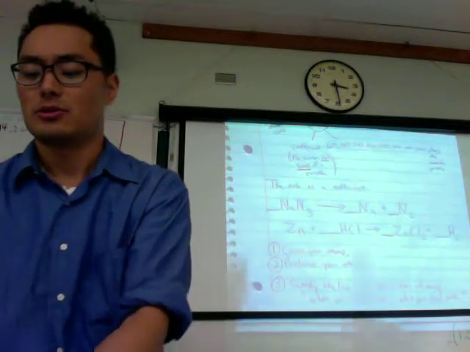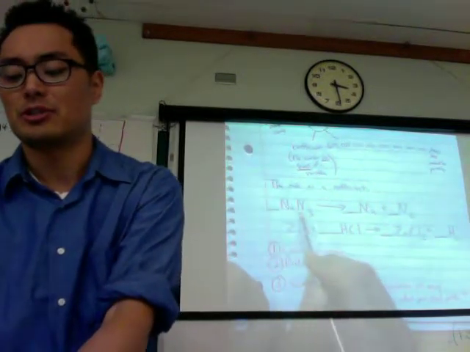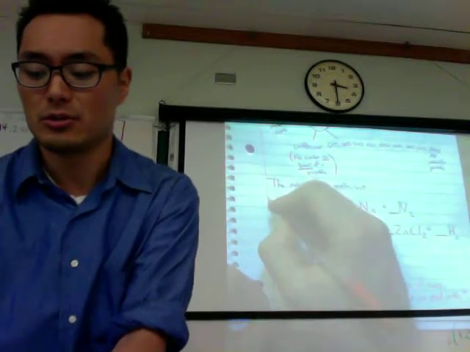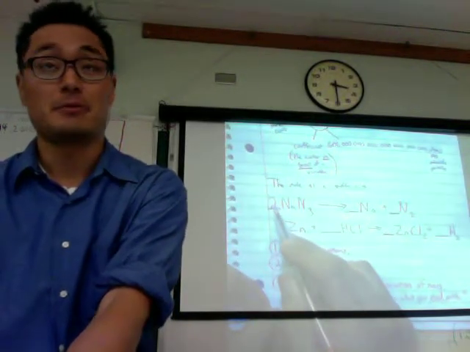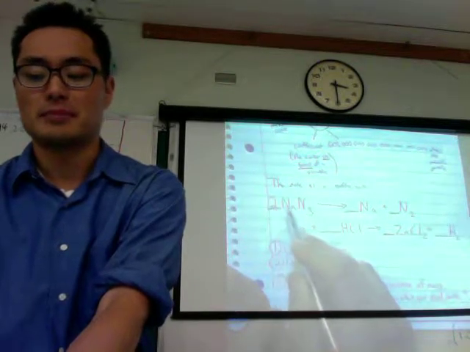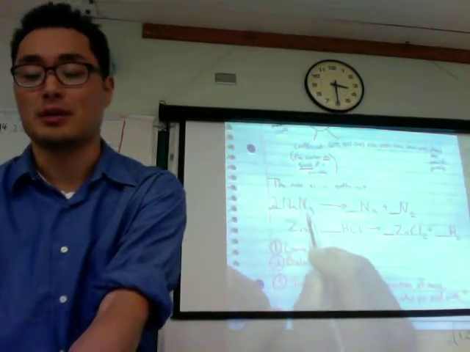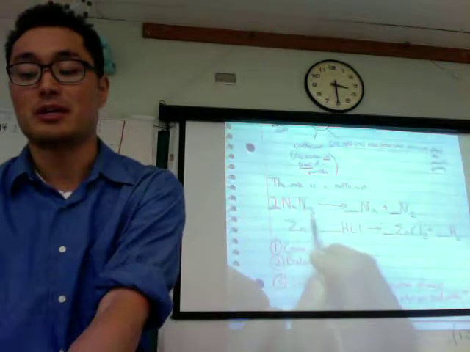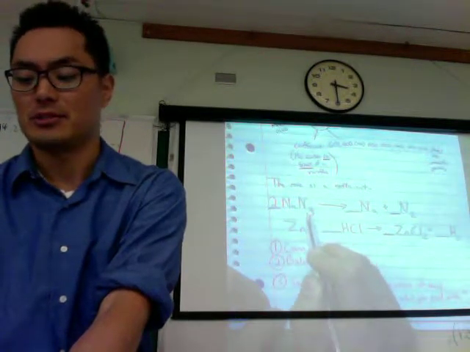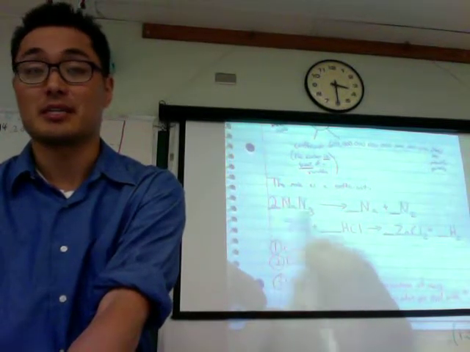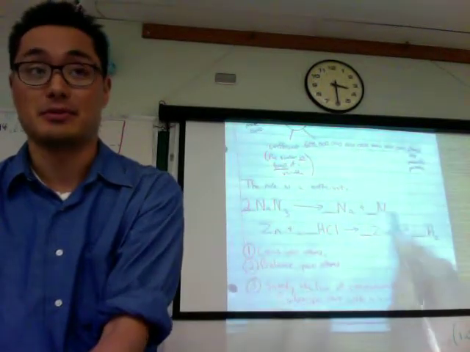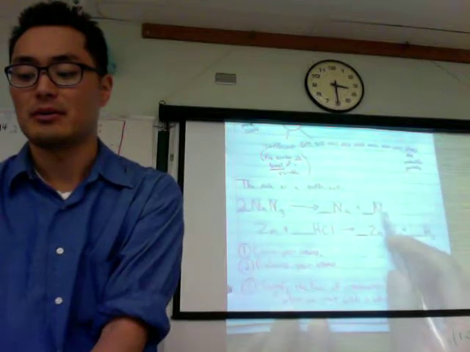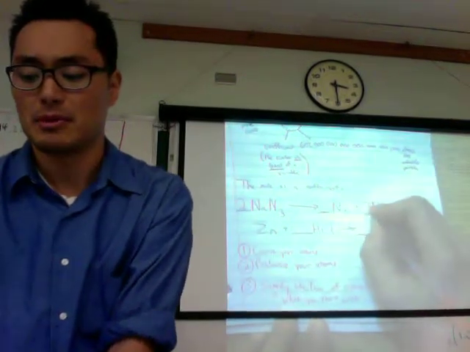So what can I put here to make nitrogen into 6? A 2. If you put a 2, it becomes a coefficient, the number in front, 2 times Na and 2 times N3. Well, 2 times N3 gives you how many N's? 6. So if I start with 6 N's, I must end with how many N's? 6. How do I make 6 from N2? Put a 3.